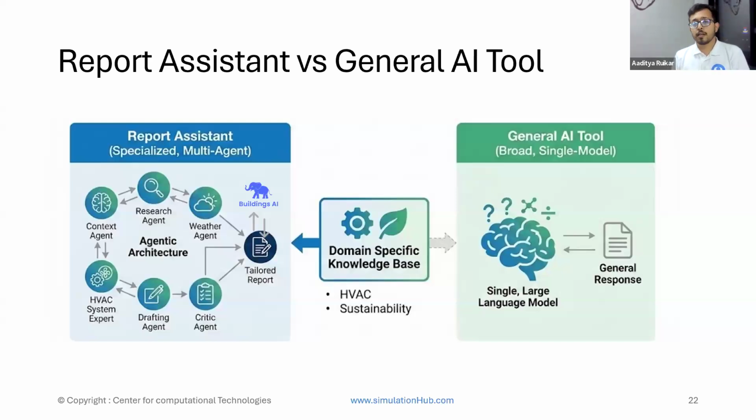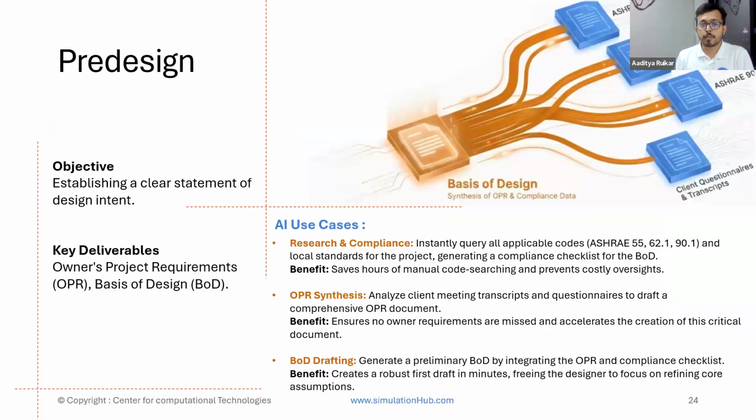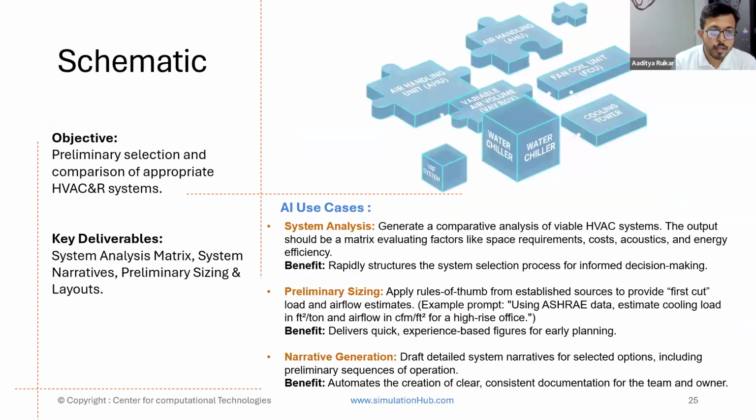Now we'll see what other design workflows AI can help with. As we have seen, in the pre-design stage it can help in basis of design, so I'll not go into much detail. In schematic design, it can go and check on the internet and help you in system selection. It can understand space requirements and go into various technical brochures.